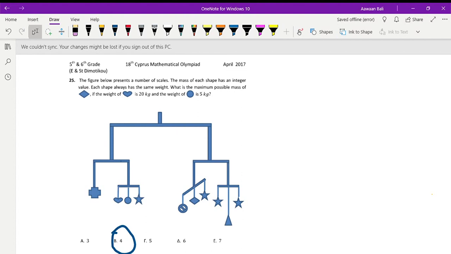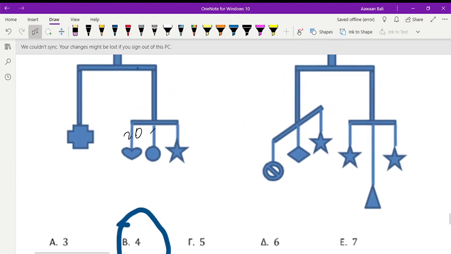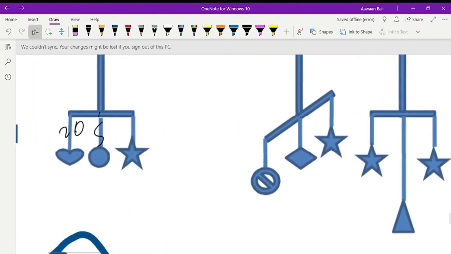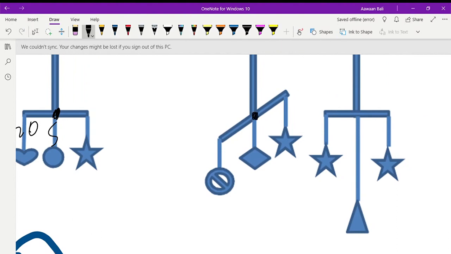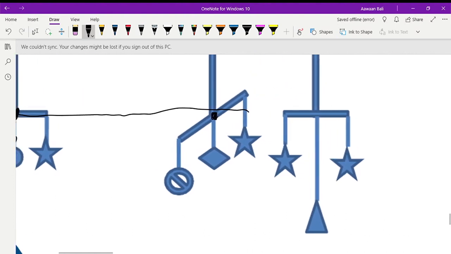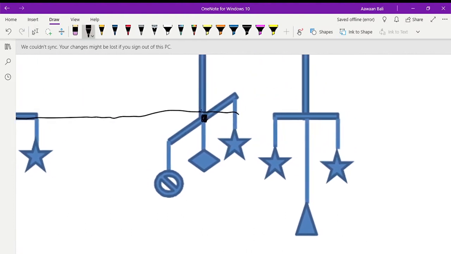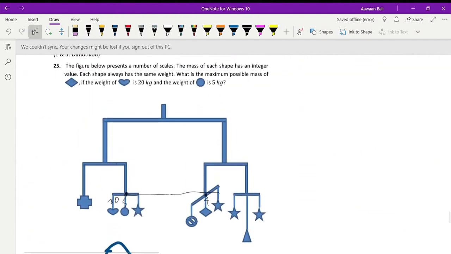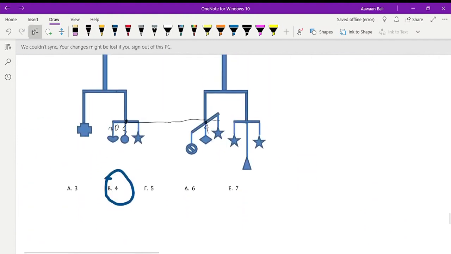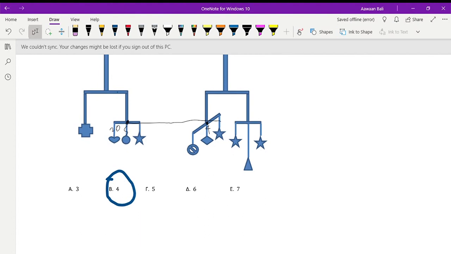Okay, so we know that this is 20, this is 5. The easiest shortcut is that since all of them are balanced, you can check this and then check this. The thing is, they're actually slightly different, just slightly different by 1 centimeter. So you can say this is 4, and already you got the answer, because the maximum possible mass is 4. When you look at them lined up, all of them have to be corresponding.